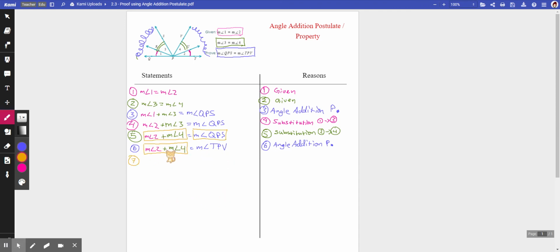So now I have measure of angle 2 plus measure of angle 4 in two different statements. It equals measure of angle QPS and it equals the measure of angle TPV. So I can just swap this out, and I'm going to replace this one with this because this equals this.